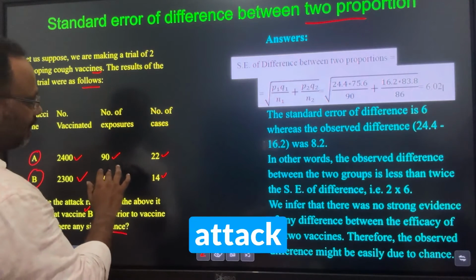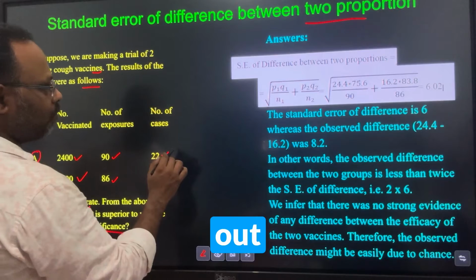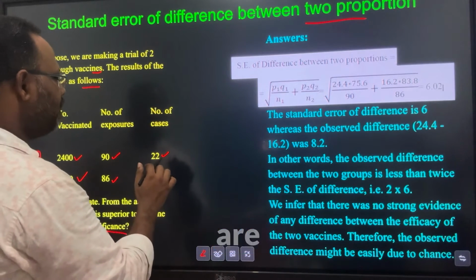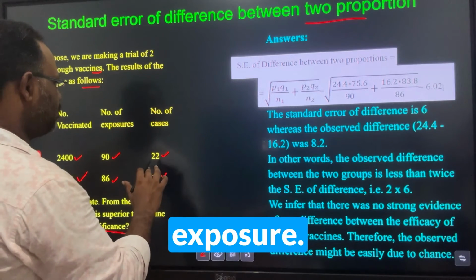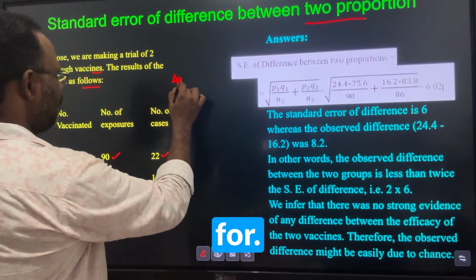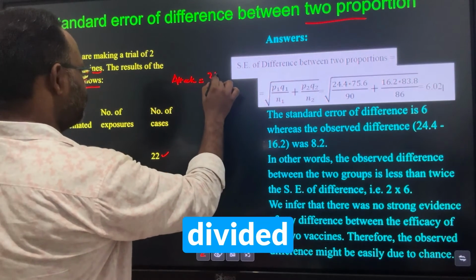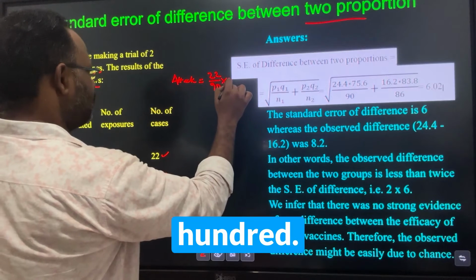So we need to find the attack rate. For attack rate, out of the exposures, how many get the disease. The attack rate for group A will be 22 divided by 90 into 100.